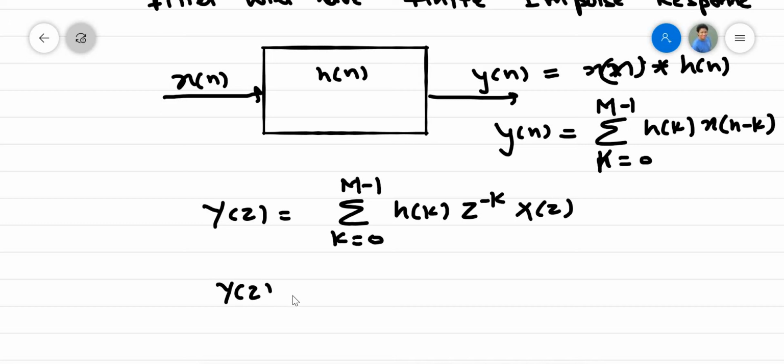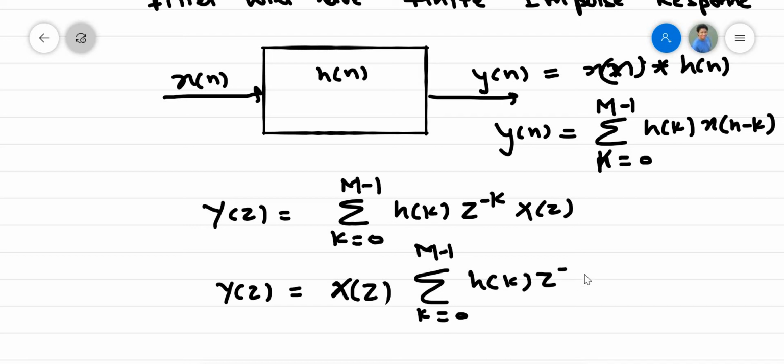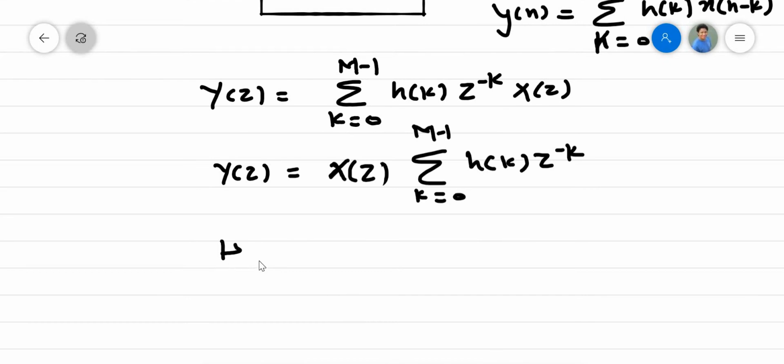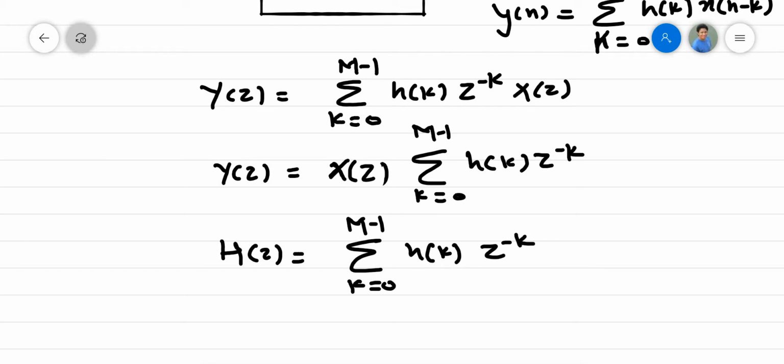That gives Y(z) equal to X(z) times the summation k equals 0 to M minus 1 of h(k) z to the power minus k. That is, H(z) is equal to summation k equals 0 to M minus 1 of h(k) z to the power minus k.